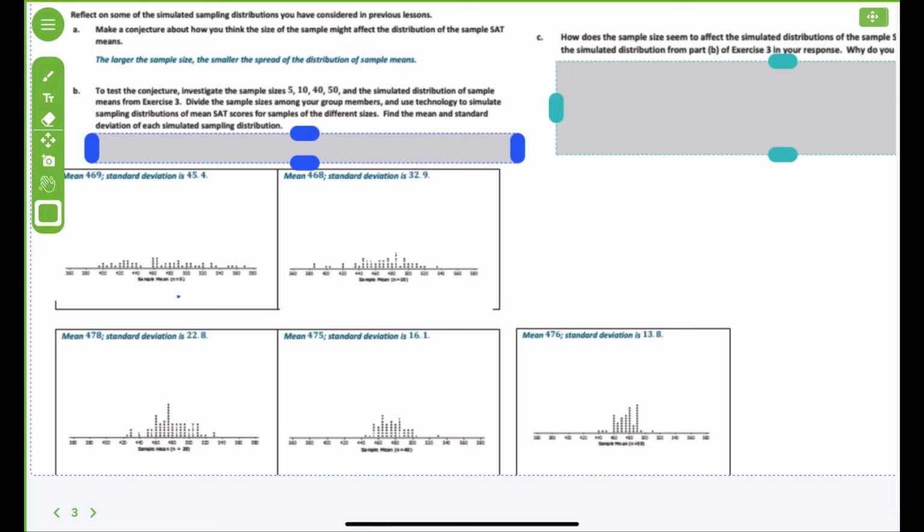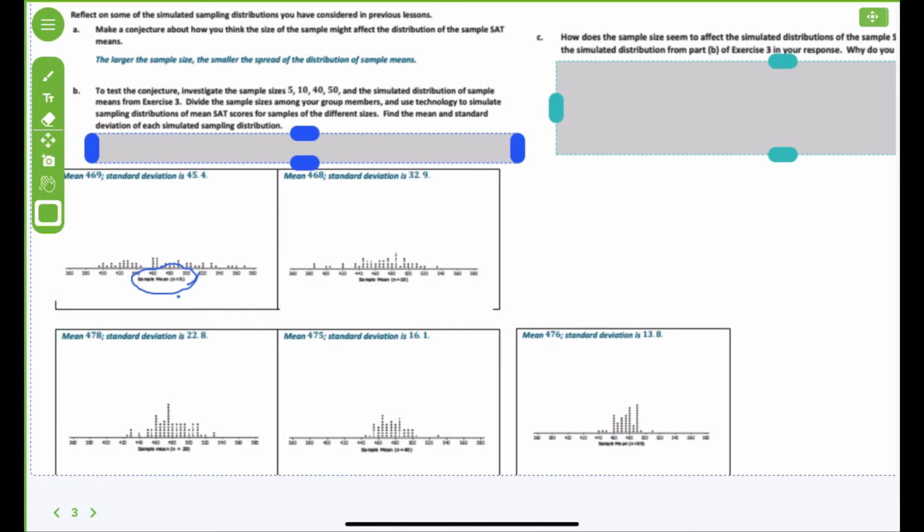Find the mean and the standard deviation of each simulated sample distribution. So you all know how to do that with a calculator or Desmos or whatever technology you use. So I've already included them. Now, this is the sample size. Let me see if I can zoom in right here. This would be a sample size of 5.